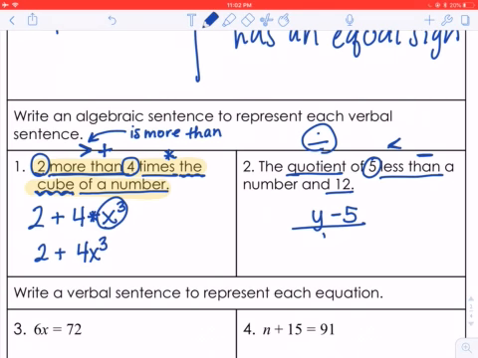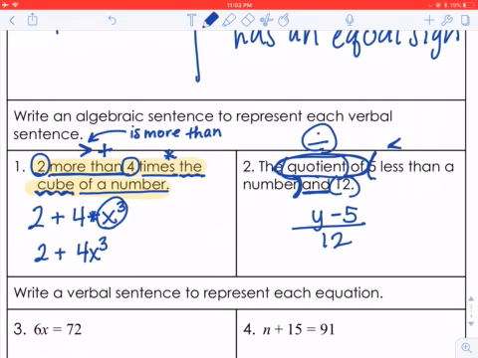And 12. So what this is saying is I have the quotient of 5 less than a number. So I'm going to back up here so we can really see what's going on here. So the quotient of, so that's telling me what is being divided, and then it's going to tell me the 2 things being divided. 5 less than a number, right, and 12.